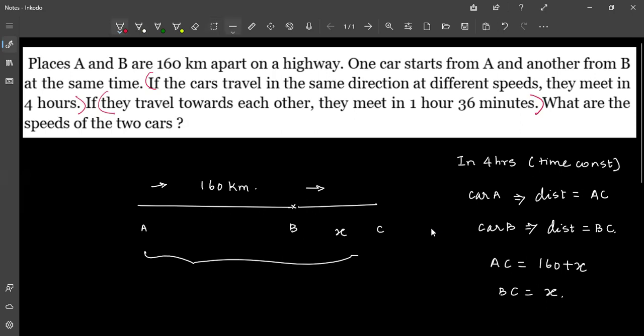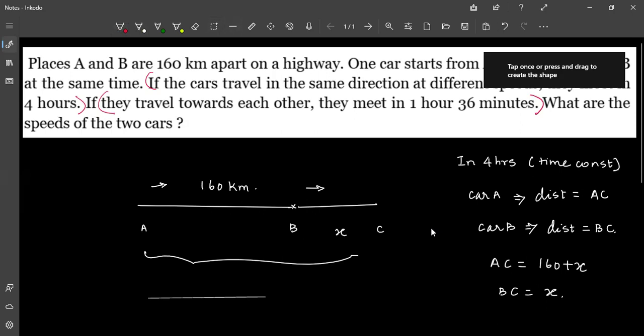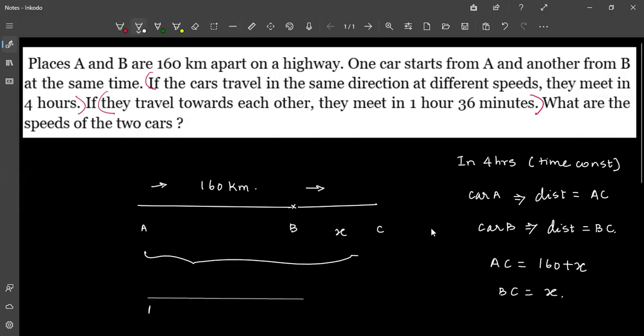So here, the same A to B, the car starts from A, the other car starts from B. The only difference is they both meet at a point in between A and B and in less time. That is because they both are traveling towards each other this time, and they meet in 1 hour and 36 minutes.